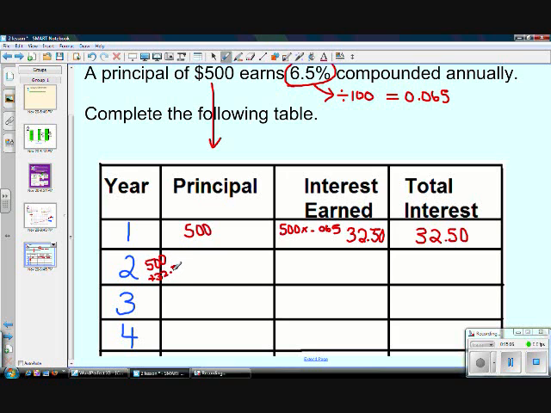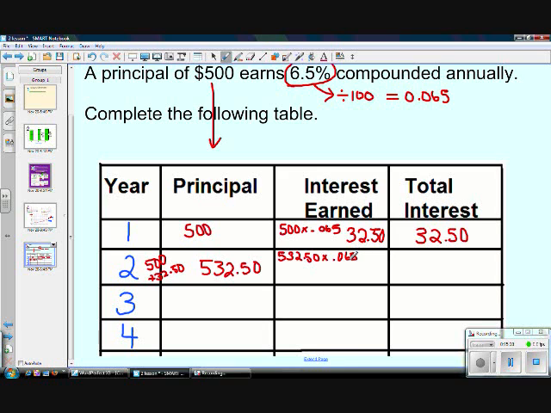And you know that that's going to equal $532.50. So this time, when I calculate my interest earned, I'm going to take my $532.50 and multiply it by 0.065. And this is the last one I'm going to write down like this, because otherwise I'm going to run out of room.